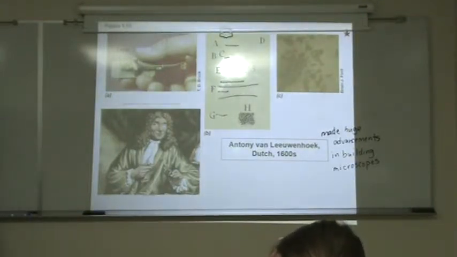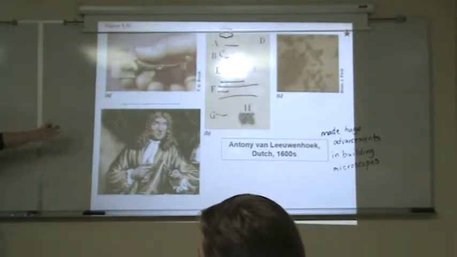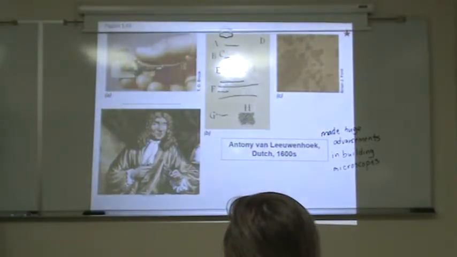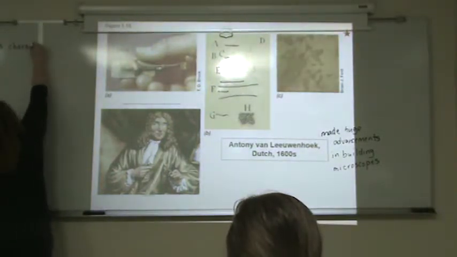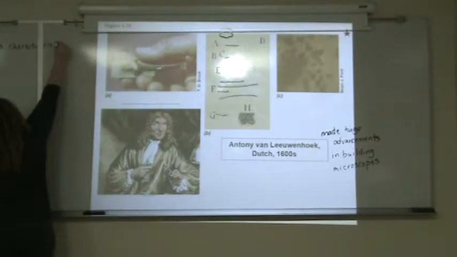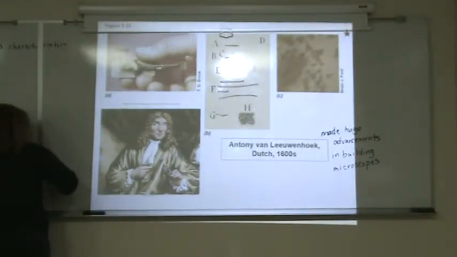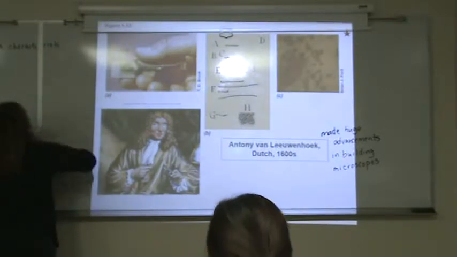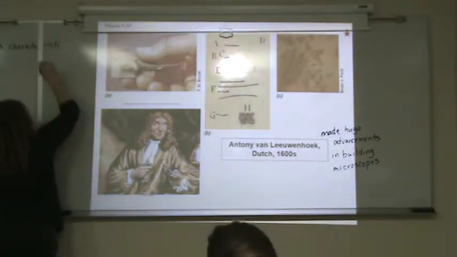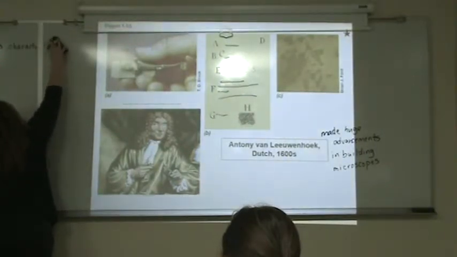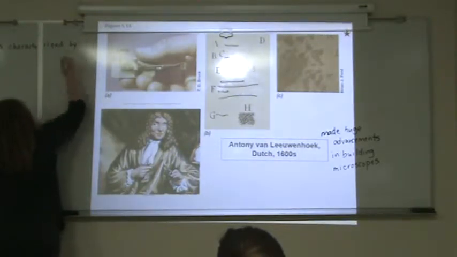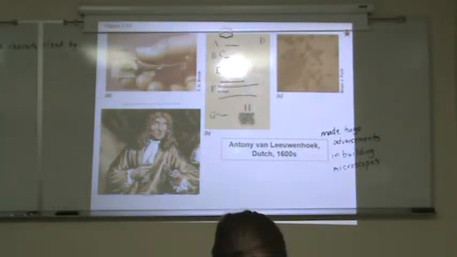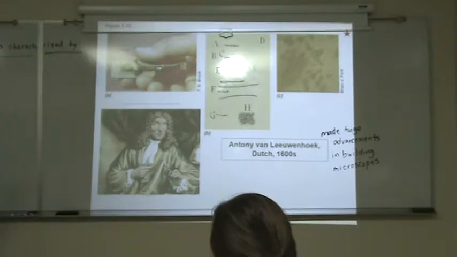So we have a lot of amazing discoveries by historical figures coming up. And for all scientists, people who made amazing discoveries in science, there are some big characteristics that they have.